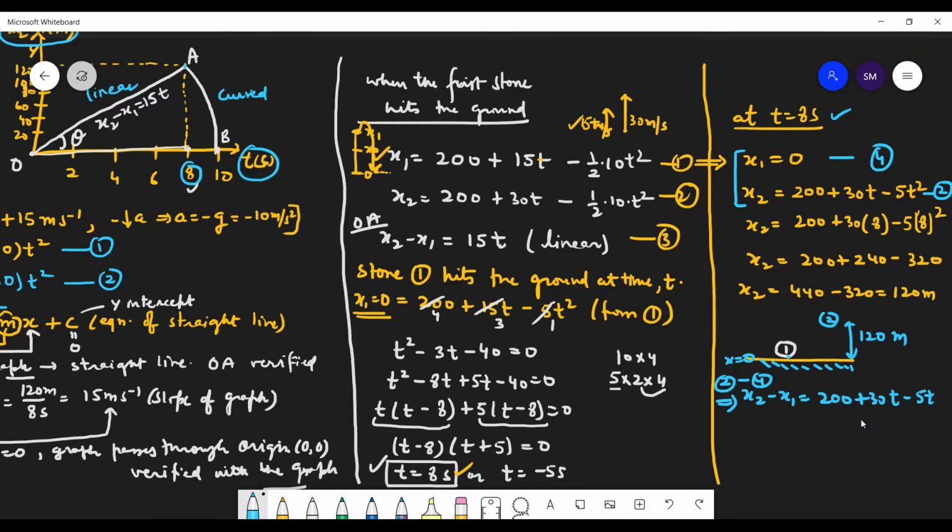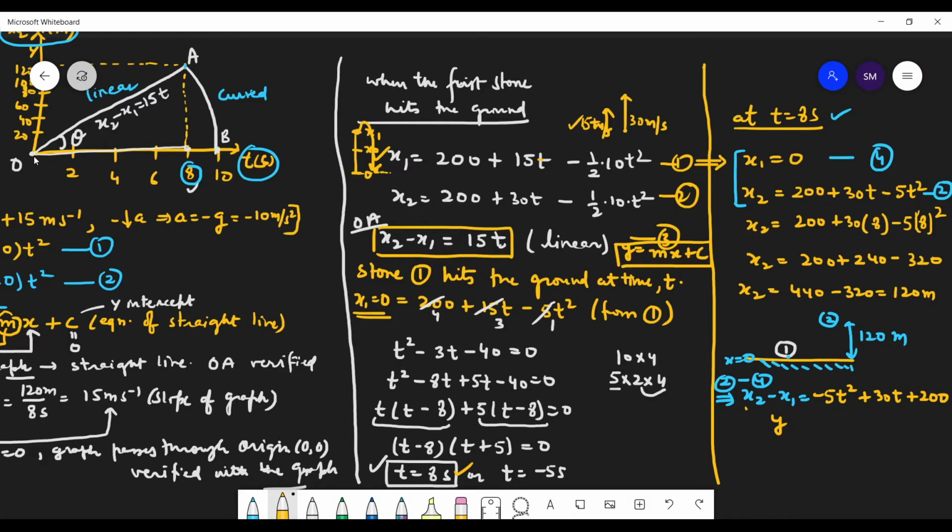Or you can write it as minus 5t square plus 30t plus 200. Now compare this with, see, I was comparing this equation x2 minus x1 with y equals to mx plus c, right?